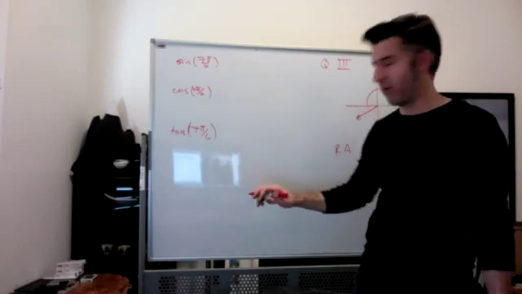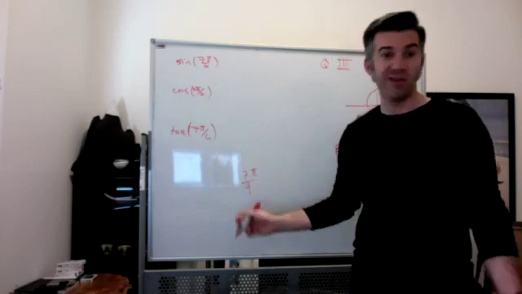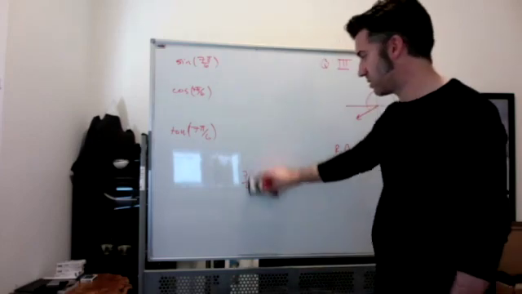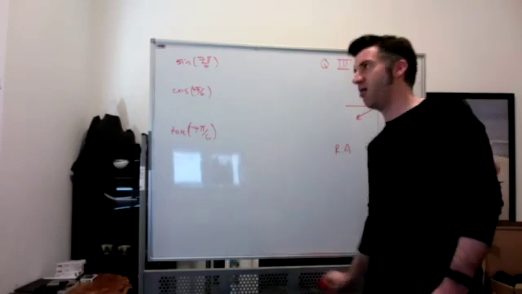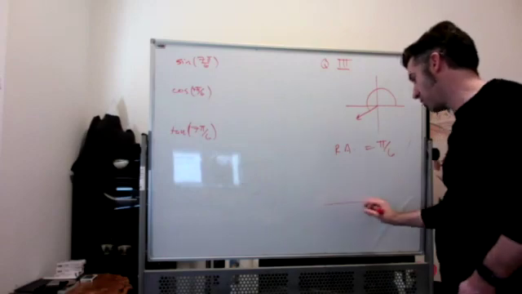It doesn't work for weird things like 7 pi over 9, right? The reference angle is not just pi over 9 here, it's 2 pi over 9. But for the special angles, this is a neat thing that happens where you're just like, oh, if it's 7 pi over 6, my reference angle is pi over 6. Great.